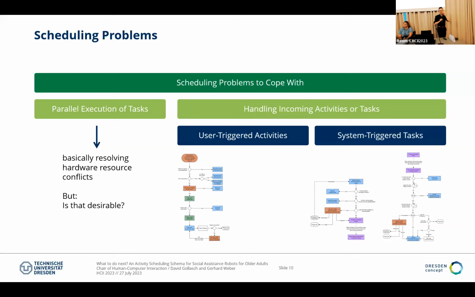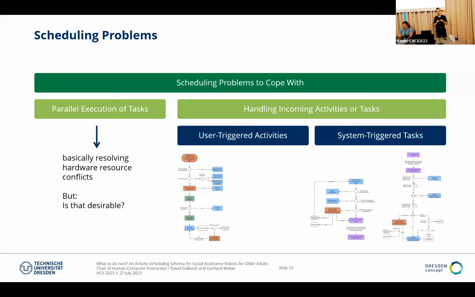But that breaks down basically to a hardware resource conflict resolving process. We have to know if that kind of conflict is a hardware conflict, and if it's not given and parallelizability is possible, whether it's still desirable that multiple activities should be performed in parallel.